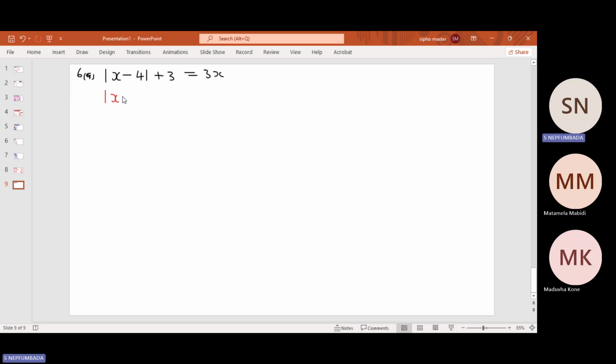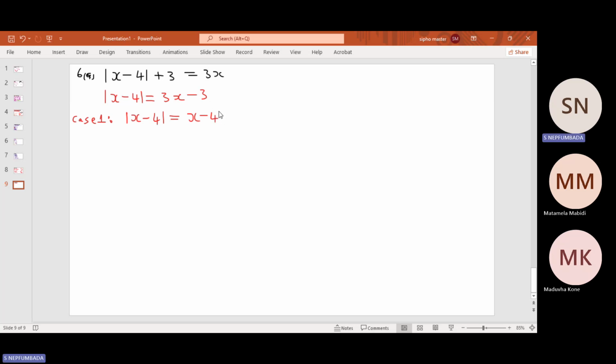Then we've got this one, which is equal to 3x minus 3. So on these two, we've got two cases. The first case, because the absolute value is when x minus 4 is equal to x minus 4.